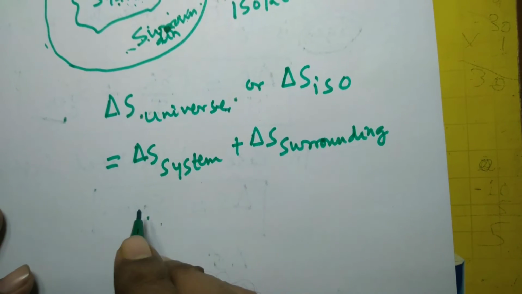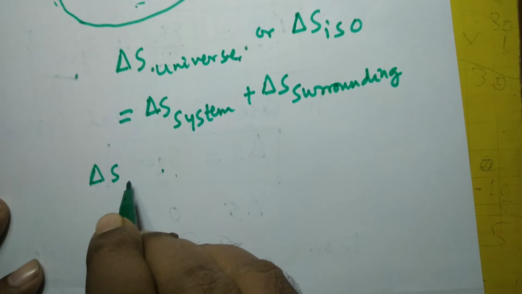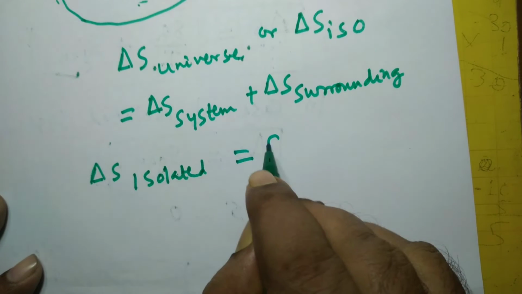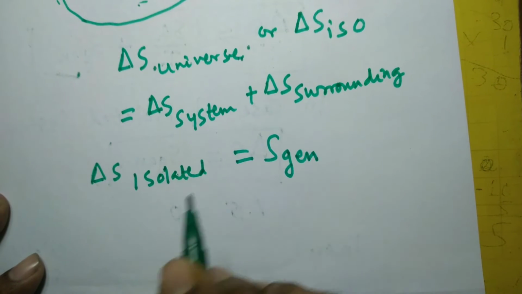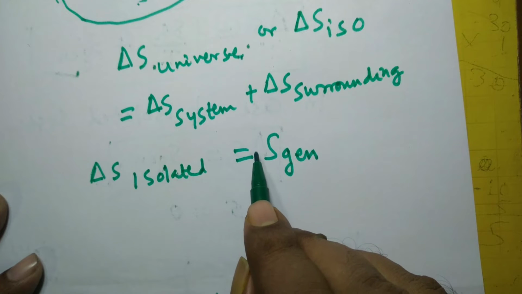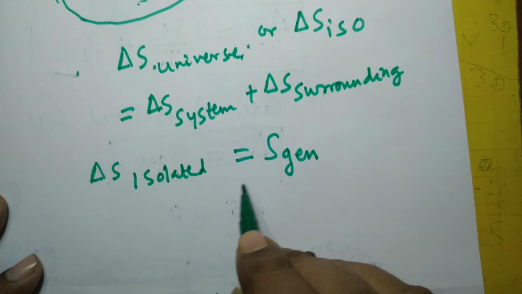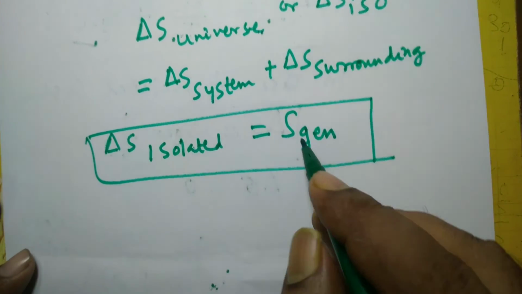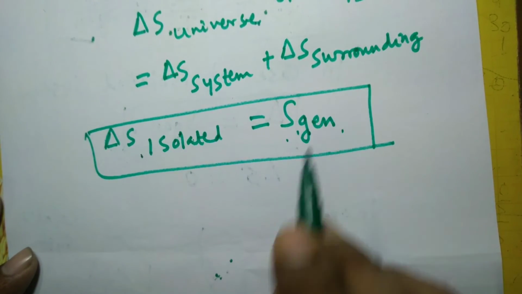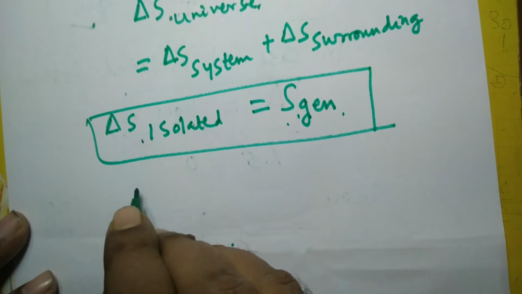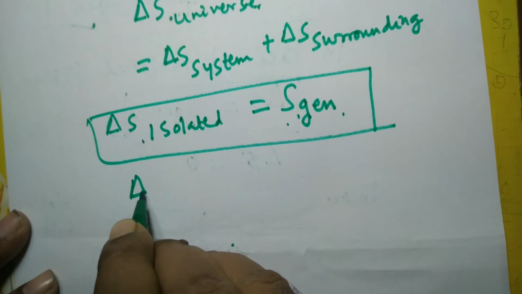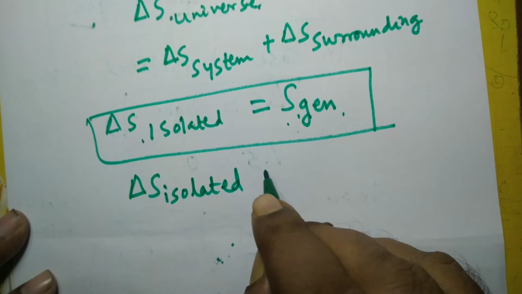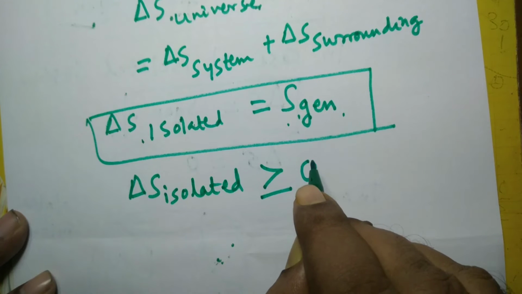And from the previous equation, delta S of an isolated system is equal to S gen, and there are no entropy transfer terms like integral of del Q by T. If it is a reversible process, this term will be 0 and this will be equal to 0. But the general equation is delta S isolated will be greater than or equal to 0.